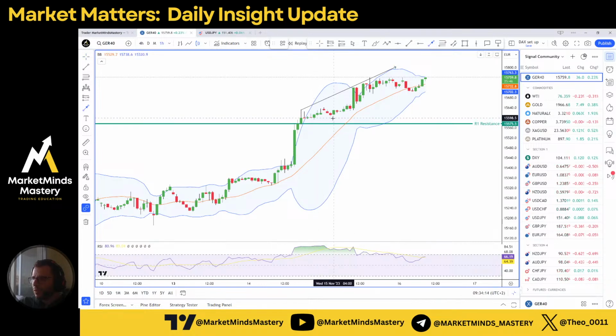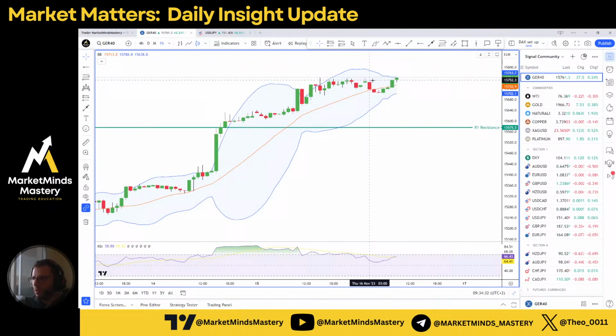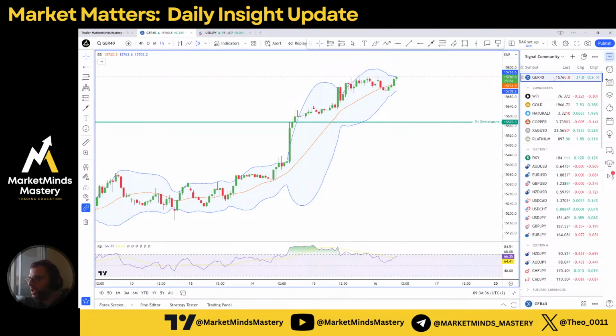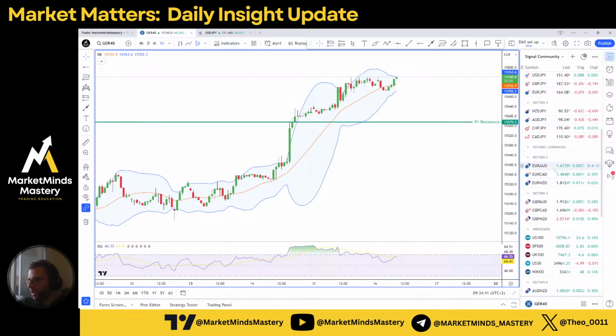No, actually, that's not a rising wedge unless we take it from there, which looks more like an ascending triangle. So we keep our bias bullish on the lower time frame as well on the German 40 if you would like to participate in trading activity there.